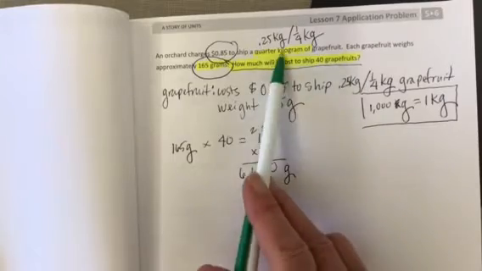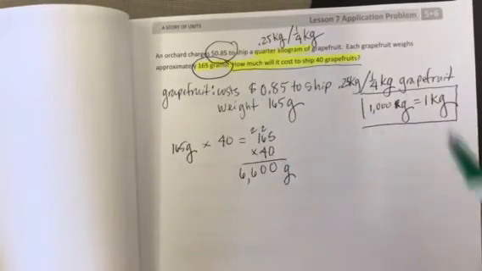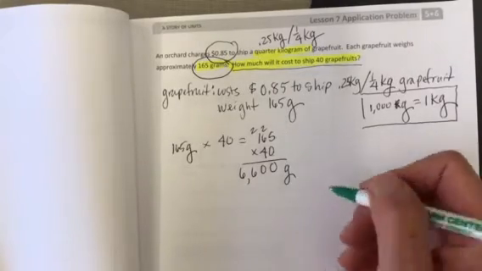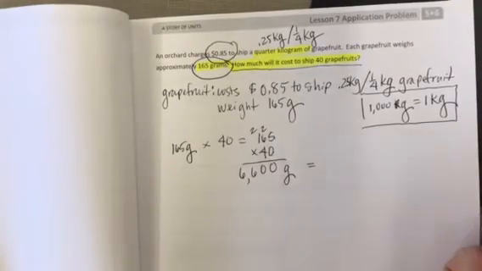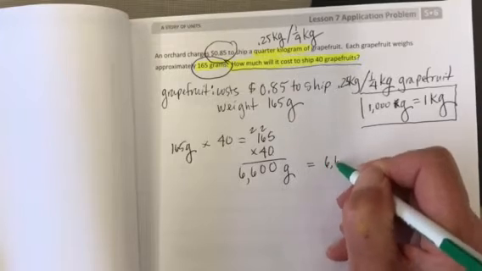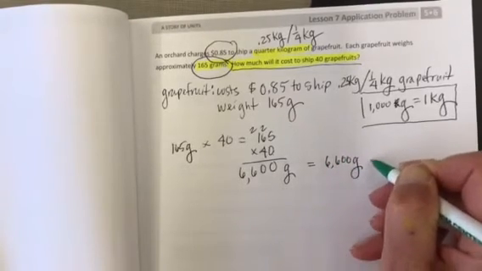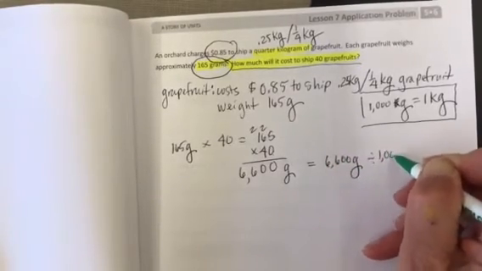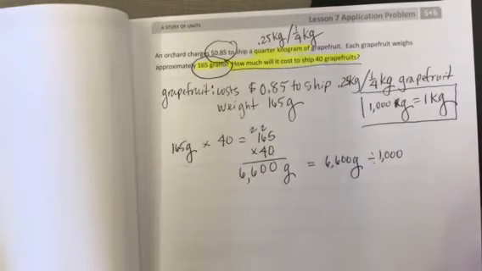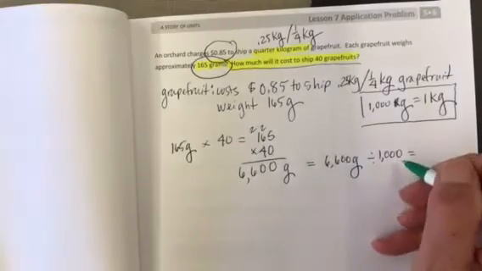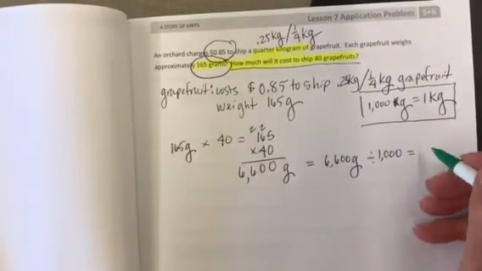Now, what I'm going to do right away is convert that to kilograms, because if I have kilograms, then I just have to divide that by 4, because there are fourths. For myself, I'm going to write this down here: 6,600 grams divided by 1,000, because there are 1,000 grams in a kilogram. Remember what we do when we're dividing? We move that decimal place over 3 places.